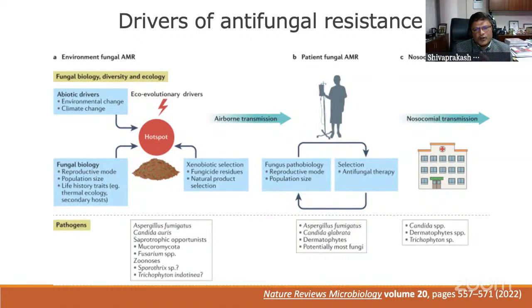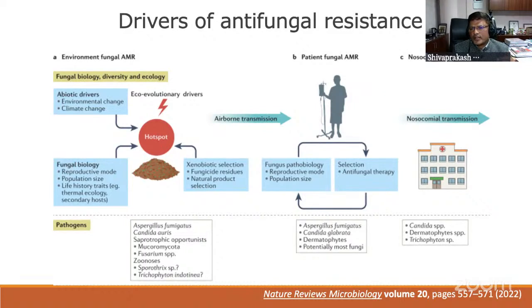Also in the case of Aspergillus fumigatus, it has been very well shown that during itraconazole therapy, when the patient is on long-term itraconazole therapy, for example in chronic pulmonary aspergillosis or in allergic disease like ABPA or fungal sinusitis, the fungus that is inhaled can get exposed to a low concentration of this antifungal and acquire resistance there.